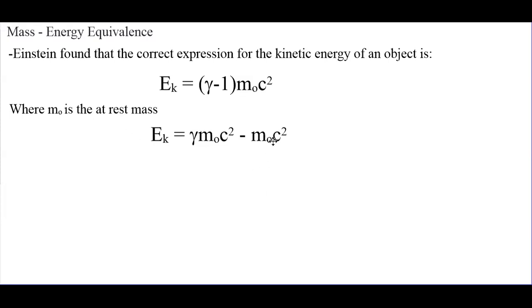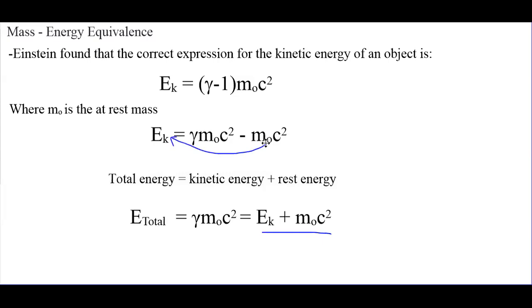If you distribute this rest energy, M0 c squared, into this little equation there, you end up with your kinetic energy being the gamma factor multiplied by the rest mass multiplied by the speed of light squared, minus the rest mass times the speed of light squared. So this is known as the rest energy, just mass times your speed of light squared.